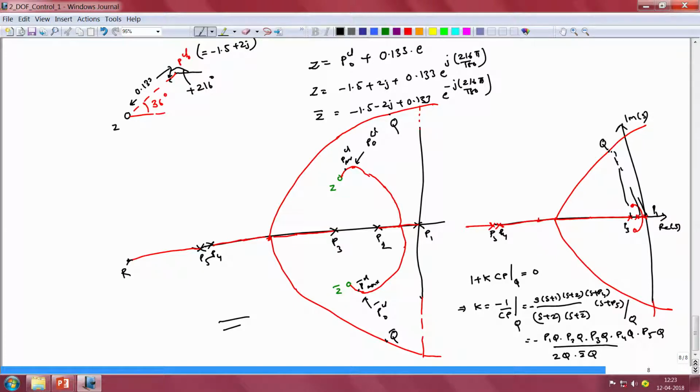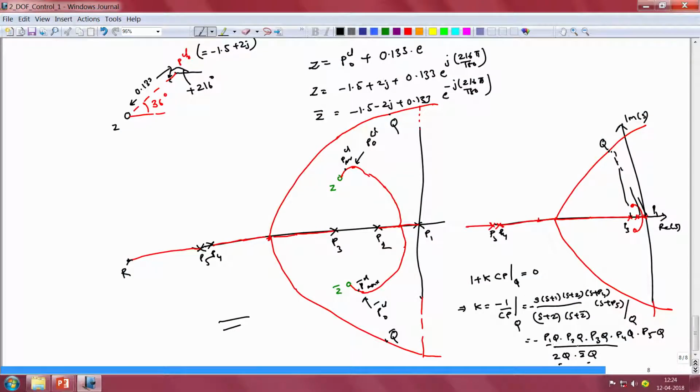So here we have 3 poles near the origin and 2 zeros, once again located close to the origin and very far away from the point q. Therefore if I am sitting at the point q, this collection of 3 poles and 2 zeros will essentially look like a single pole to me, because the effect of 2 of the zeros cancels the effect of 2 of the poles, namely p1 and p2's effect gets cancelled both in magnitude and phase by the terms zq and z bar q.